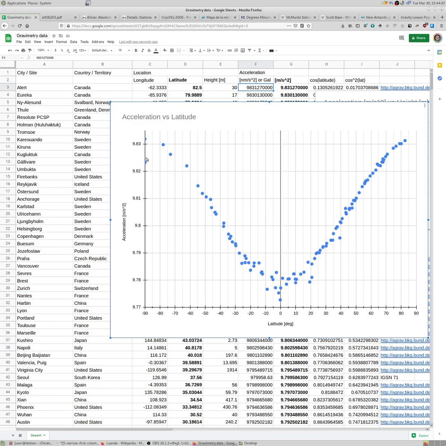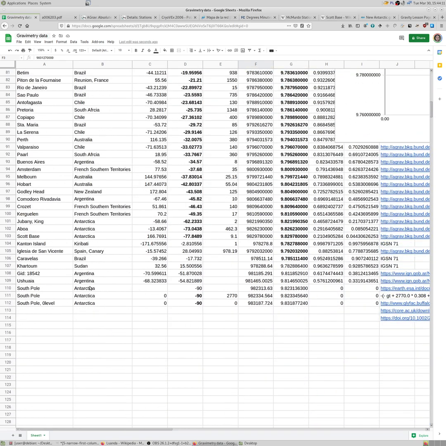The reason why we see these 2 points here at minus 90 is because the measured value at South Pole is actually 9.823 from this document, and from the other document it is after accounting for the height and anomaly.